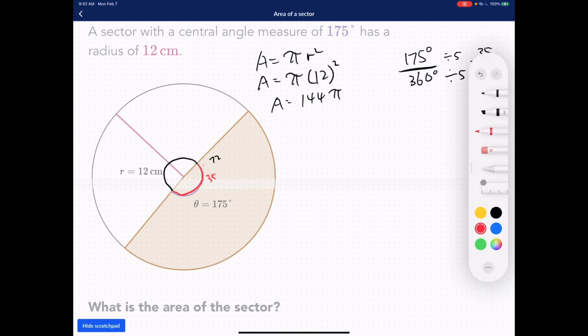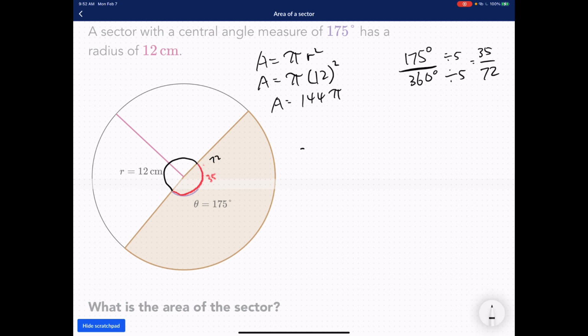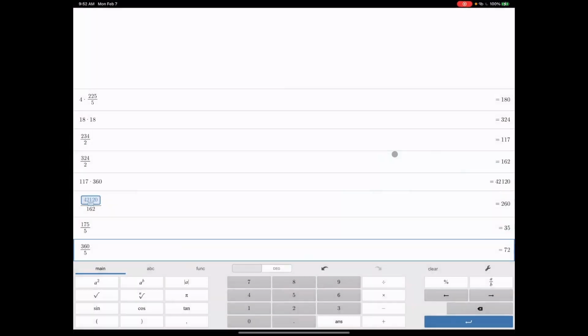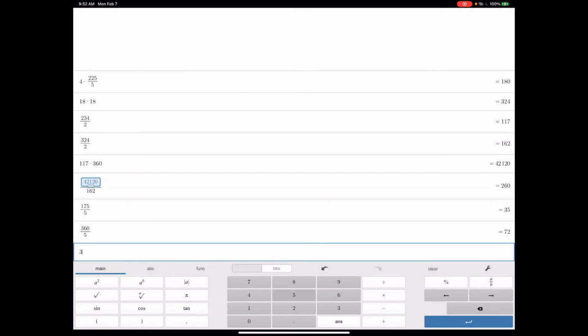So we're going to do 35 over 72 multiplied by 144 pi, and put that over 1. 35 times 144 is gonna be 5040.